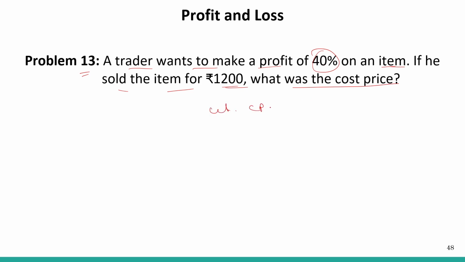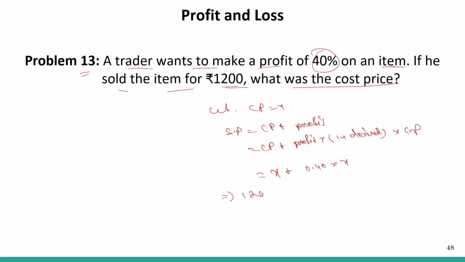Let CP is equal to X. So SP is equal to CP plus profit is equal to CP plus profit percentage in decimal into CP, right? So this is equal to X plus, so profit percentage is 0.40 in decimal form, 0.40 into X. So this implies that 1200 is equal to 1.4x.